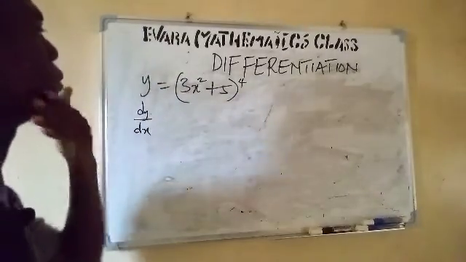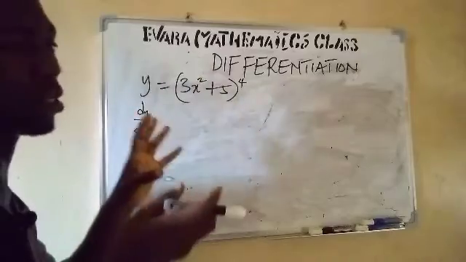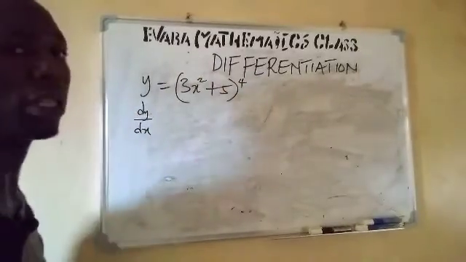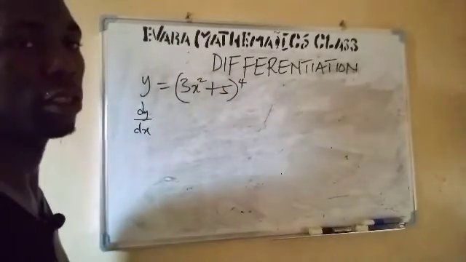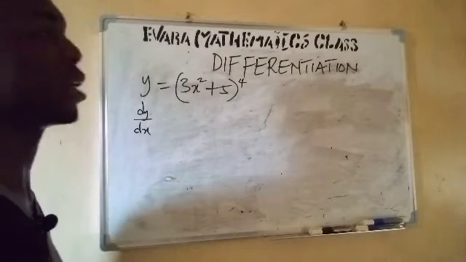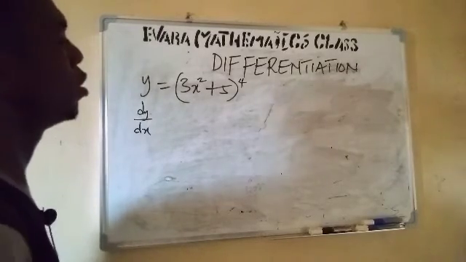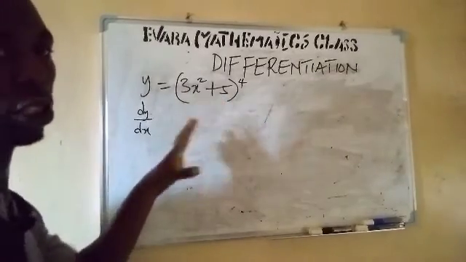In this case now, we have 3x squared plus 5 in brackets raised to power 4. So does it mean that we are going to expand this bracket four times before we start differentiating? No. This is what we know as chain rule.